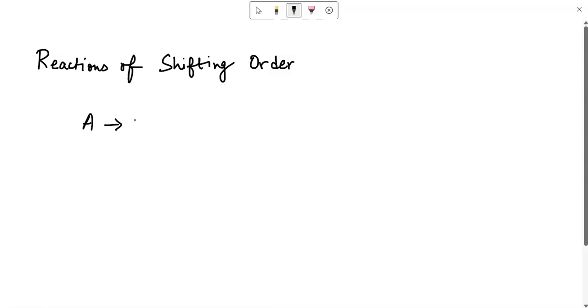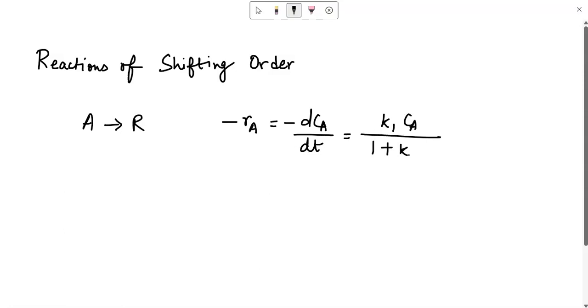A gives R and the rate equation is given as minus Ra equals minus dCA/dt equals K1 Ca divided by 1 plus K2 Ca. So there are two different rate constants involved over here.